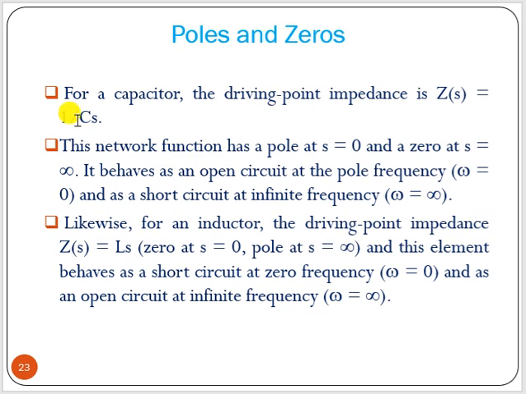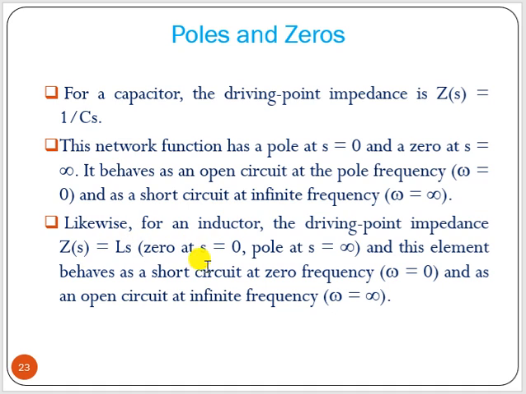And the zero is at s equal to infinity, because there is no s value in the numerator, so it is at s equal to infinity. That means at infinity it becomes a short circuit. Likewise, for an inductor, the driving point impedance is Z equal to sL. Now here, the zero is at s equal to 0.